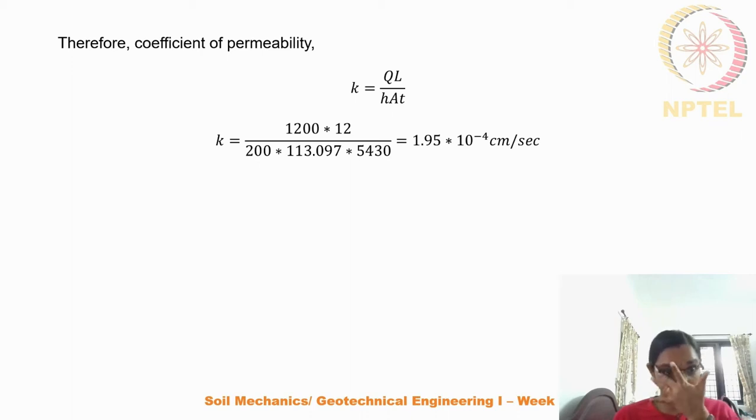Time T is applied in seconds so that we get the unit in centimeter per second, because we are asked to find the coefficient of permeability in centimeter per second. We have converted time to seconds, and all the other data is already in centimeters. So we get the coefficient of permeability as 1.95 into 10 raised to minus 4 centimeter per second.